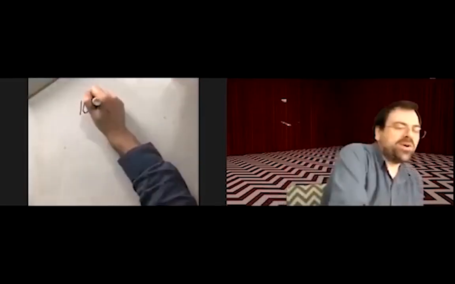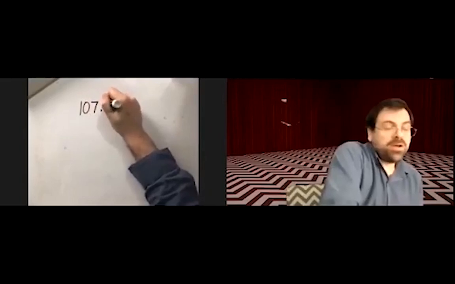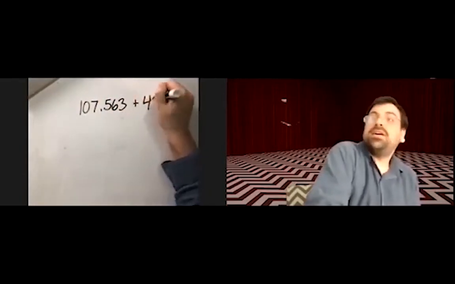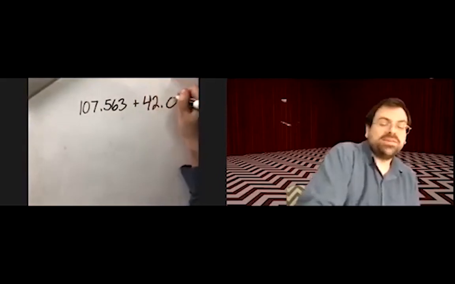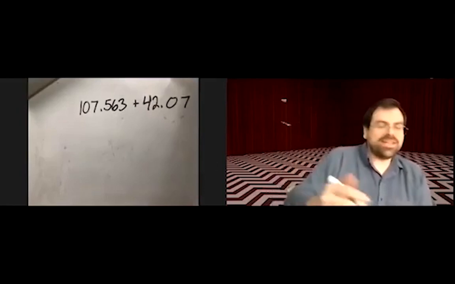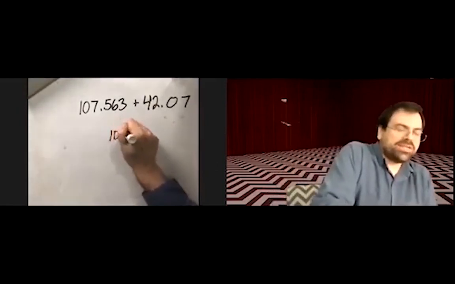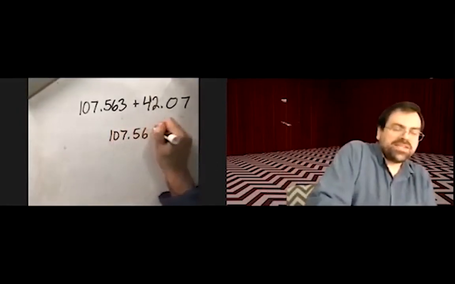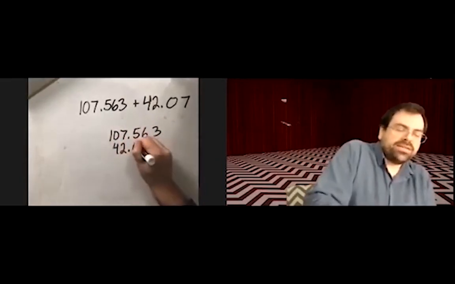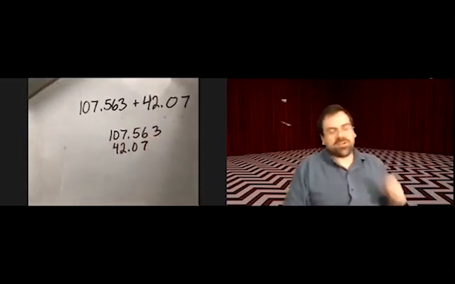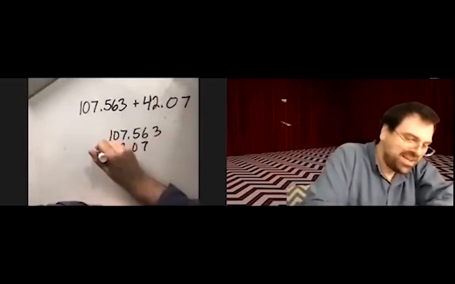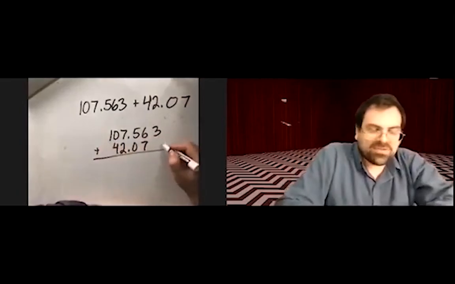So how about 107.563 plus 42.07? Line up the decimal points. 107.563, 42.07. So much interesting happening here. We have an extra place value.